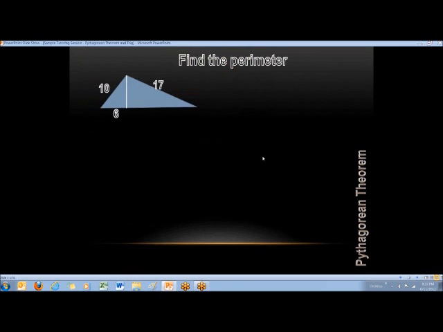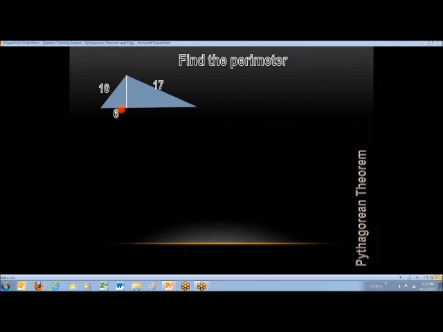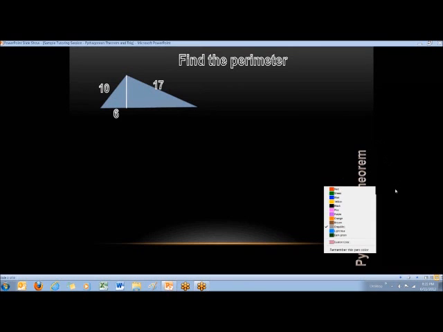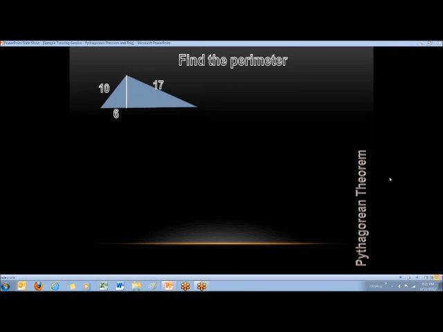I've got another triangle here, and it doesn't say this, but I'm telling you that that's a right angle and that's a right angle. With that information, can you figure out what the perimeter is? I'll be your pen. You tell me what to write on the screen.